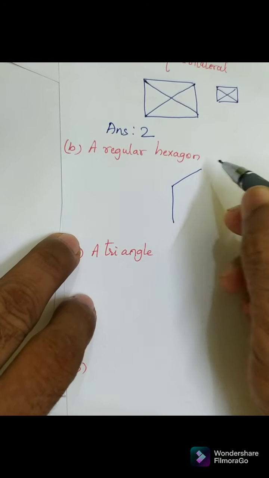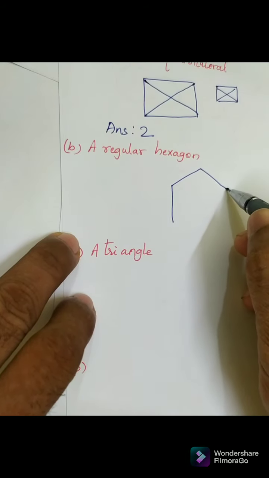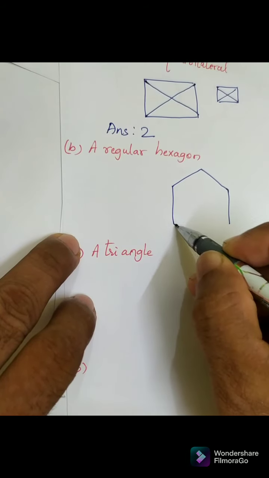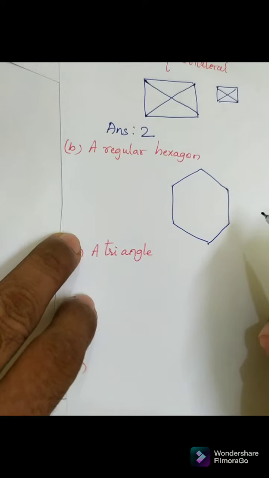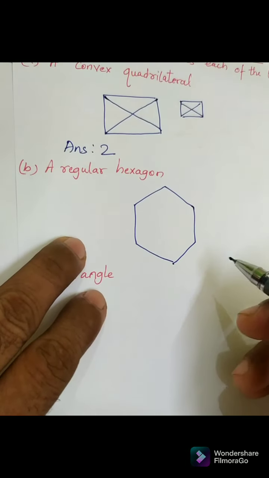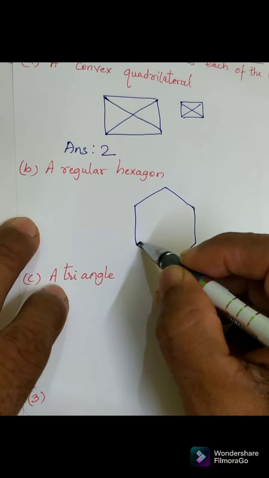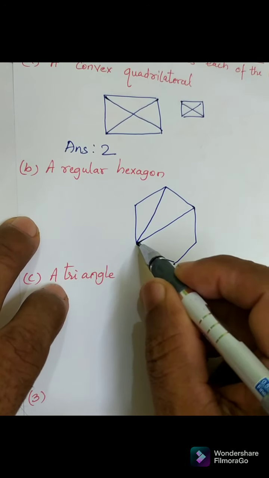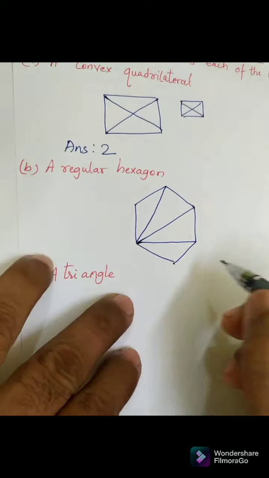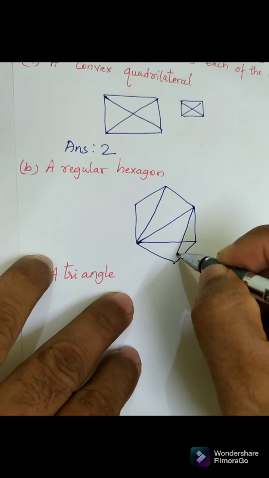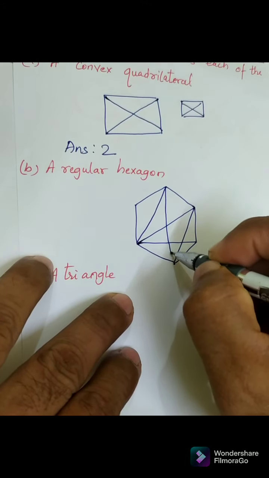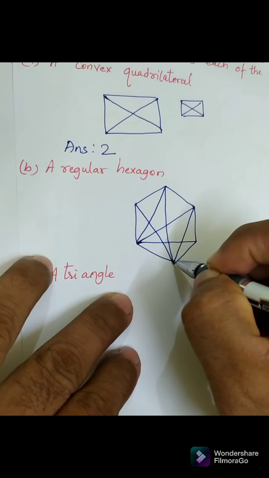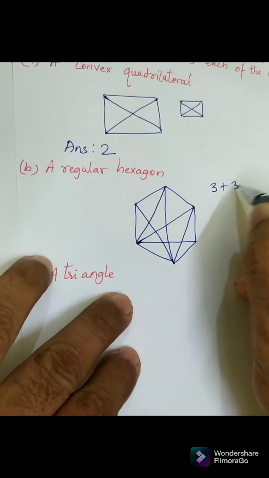What about a regular hexagon? Let us see, we will be able to draw a regular hexagon. Let us draw the diagonals. A regular hexagon, 1, 2, 3. From this side you draw 1, 2, 3. 3 plus 3, 6.